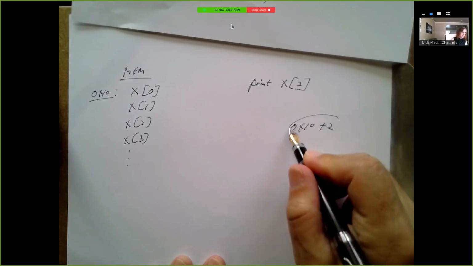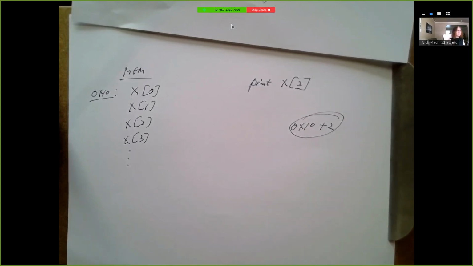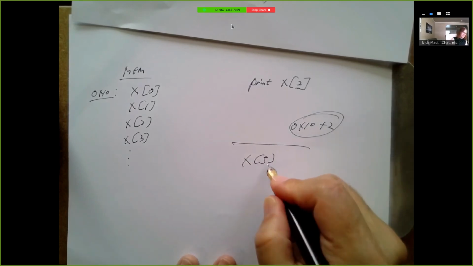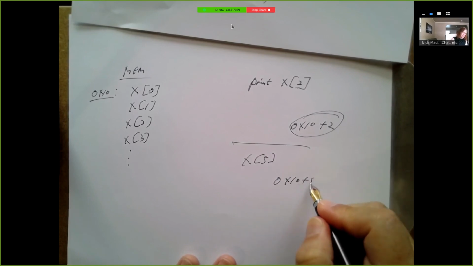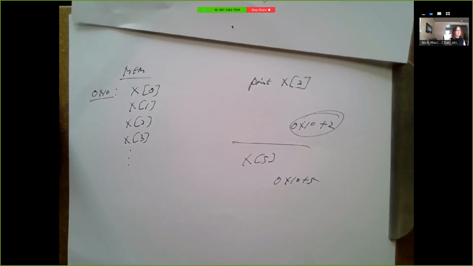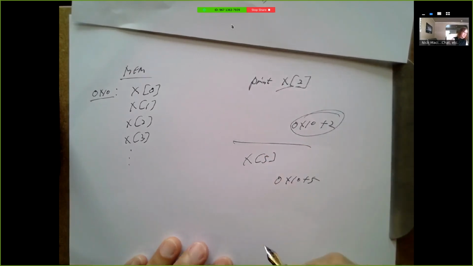So you could load that into FSR 0 and then use INDF 0. And then if you want X bracket 5, you could take the starting address of X, add 5, load that into FSR 0, and then use INDF 0.